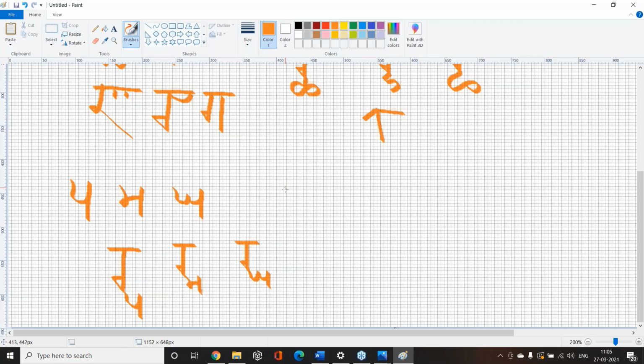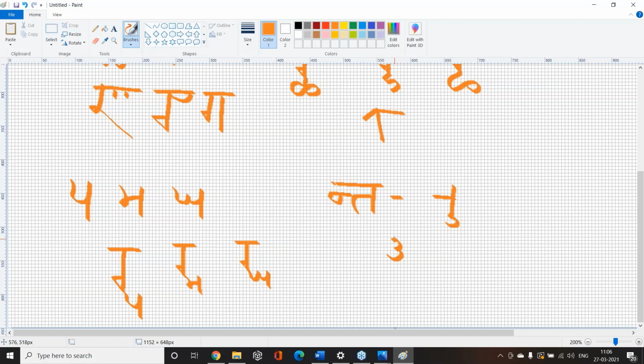For example, we have no and ta together. So when you write in Sharda, you will write no complete and this. This is the first, the head of the ta, like this one.